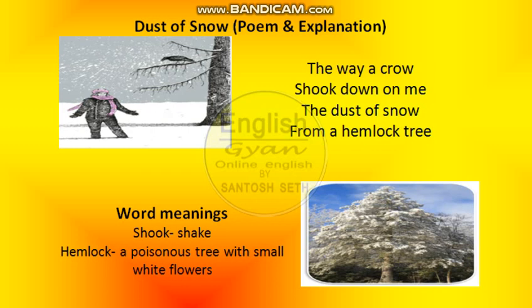So in these four lines, the poem is set in a scene where the poet is in a bad mood and he is walking by a hemlock tree. Hemlock tree is a poisonous tree. As he passes by, a crow happens to throw some snow dust on him.